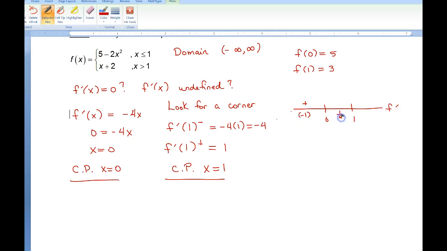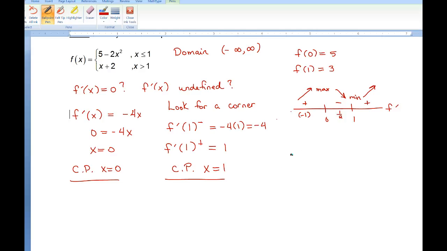Let's say I plug in a half, we get negative, and if I plug in something bigger than 1, we get 1, so that's positive. So it goes up, then it goes back down, then it goes up. So basically here is a maximum, and here is a minimum.